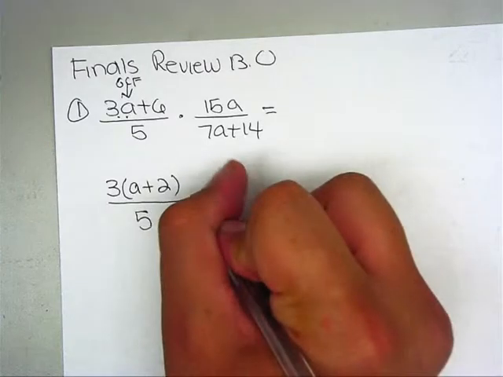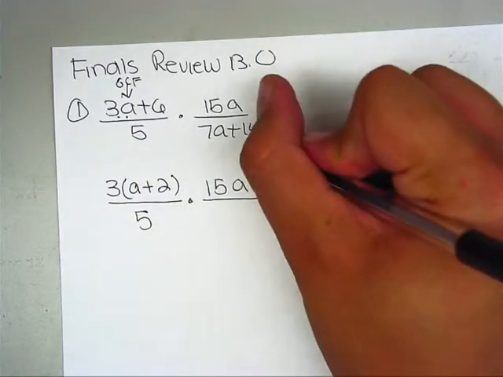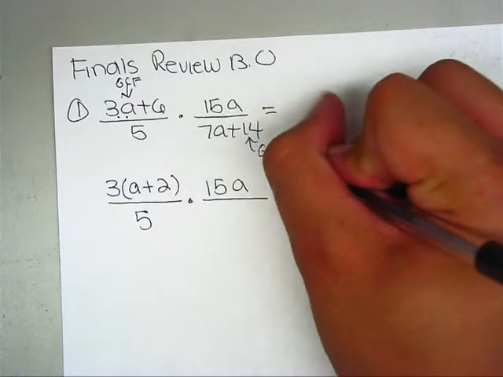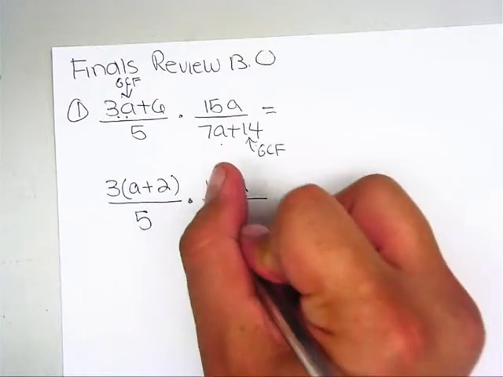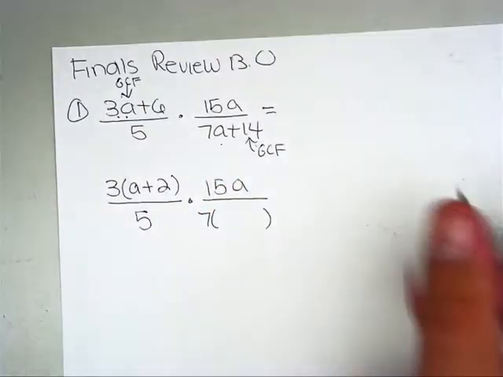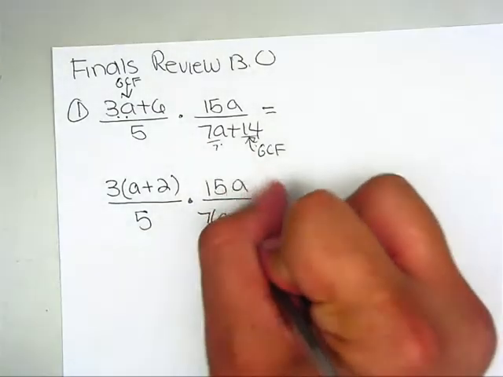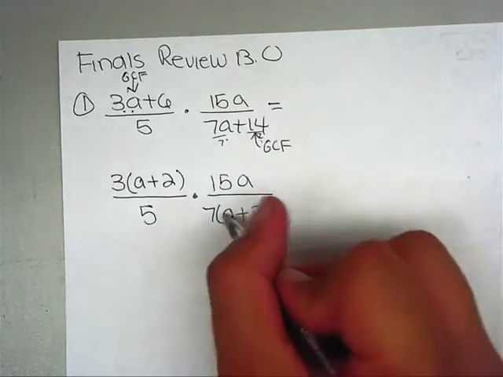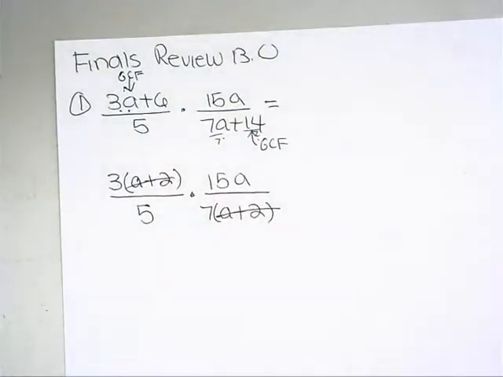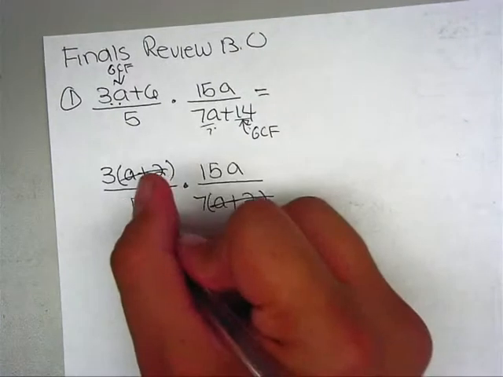Over 5 times 15a. The strategy for this is to factor by greatest common factor. The greatest common factor of 7a and 14 is 7. Divide each of these terms by 7, and that leaves me with a plus 2. I see that the a plus 2's cancel. 5 and 15 are divisible by 5.